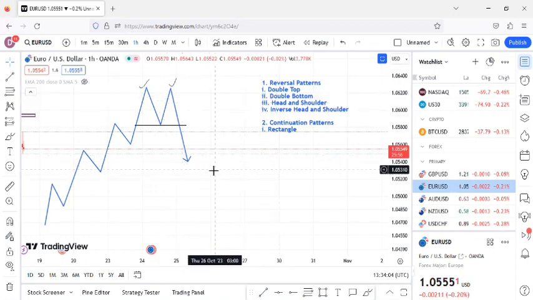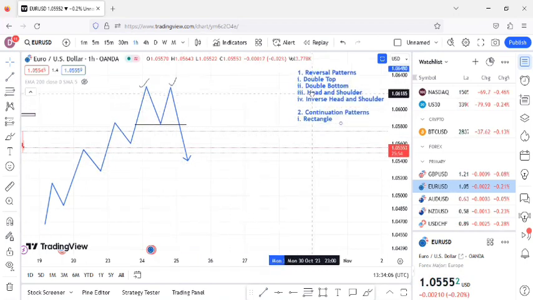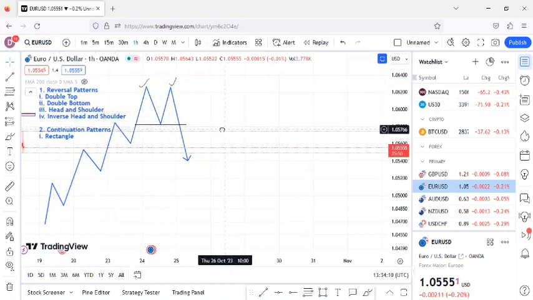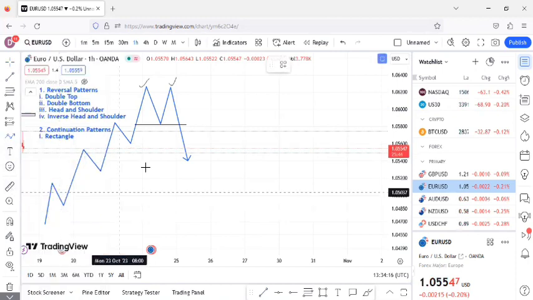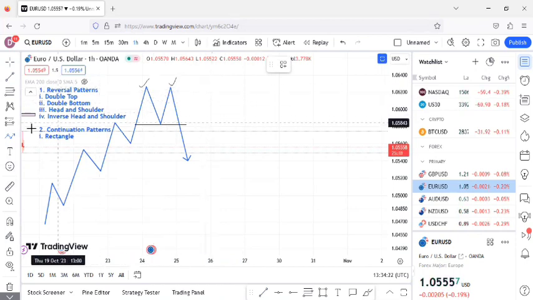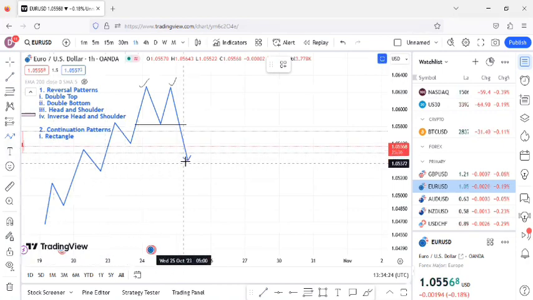Then a double bottom pattern, you usually find them at the bottom of a trend. Like, for example, I think I should continue with this.